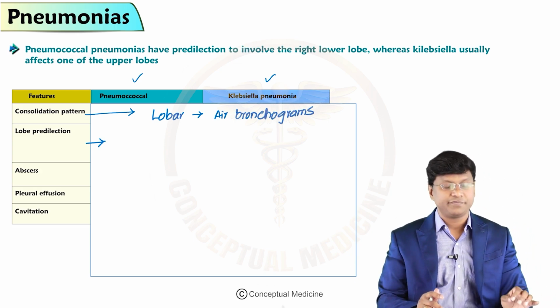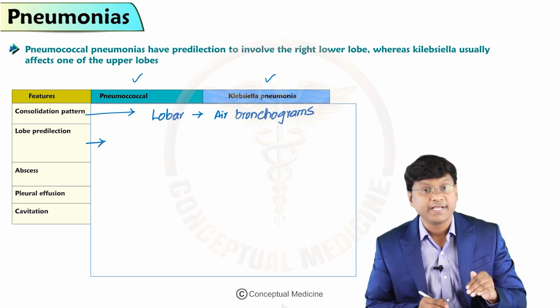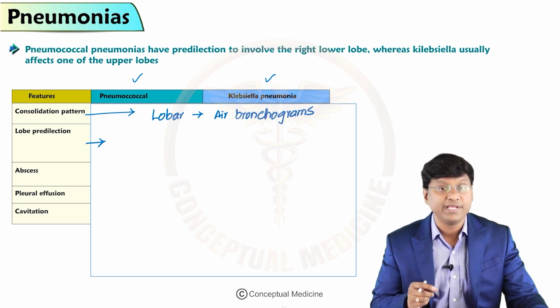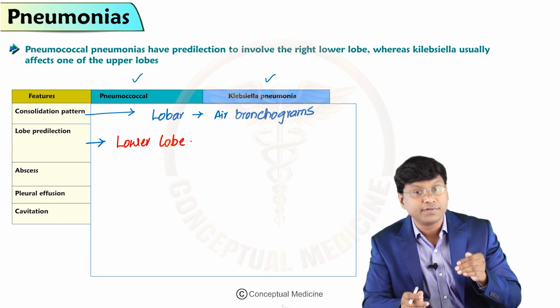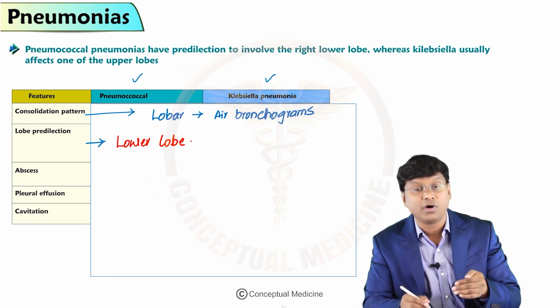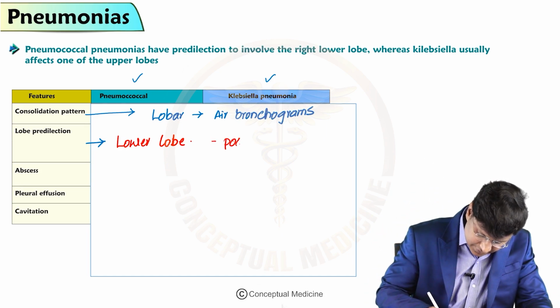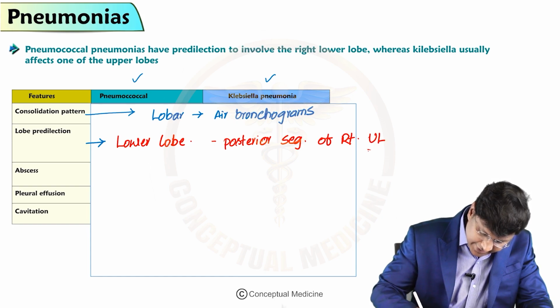Whereas the very important difference is the lobe predilection. If you take the lobe predilection, in case of pneumococcal pneumonia, the predilection is mainly to involve the lower lobe. Whereas Klebsiella pneumonia commonly involves the posterior segment of the right upper lobe.